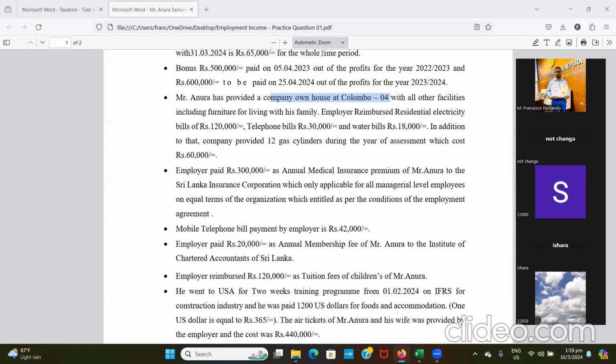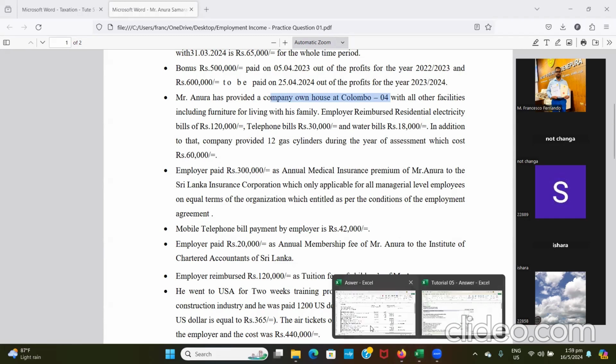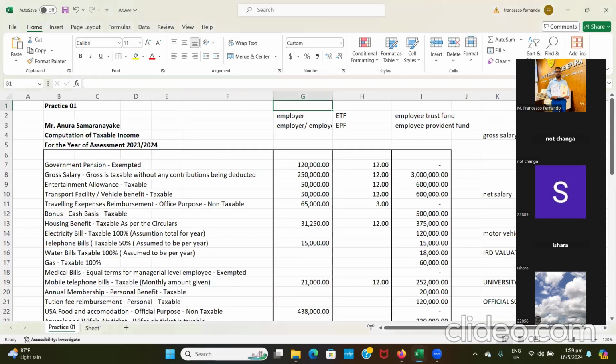Now, how can we deal with this sum? We'll go to the answer and see. Here they have given the housing benefit as per the circular, 31 to 50. How might this have come?